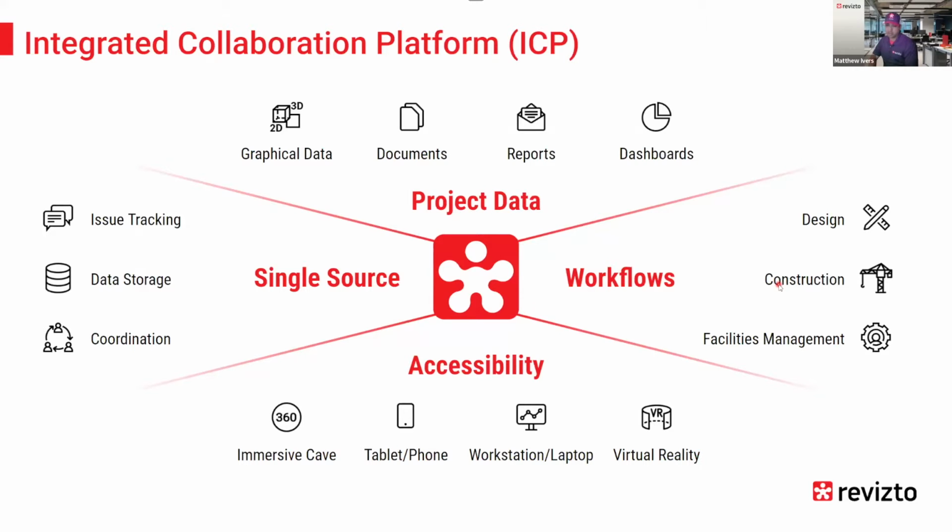That could also happen during pre-construction phases, during operations, and the field will be using it to check for quality control and communicate issues as they come up, both between the office and the field, which we'll cover today. And even at the end of your project, after it's been closed out, we can also be used for facilities management, because we're storing all that data in a common data environment, and we have access to all the history on all the issues that come up throughout the project lifecycle.